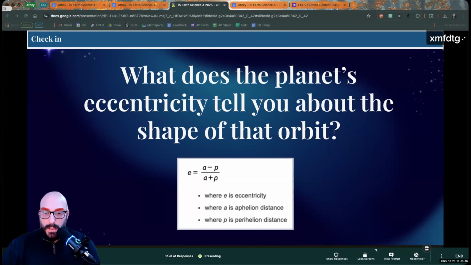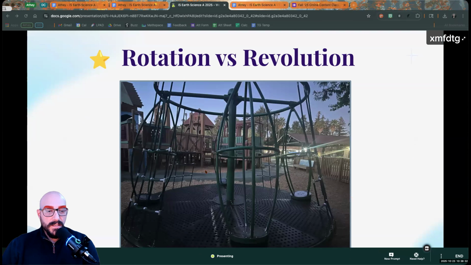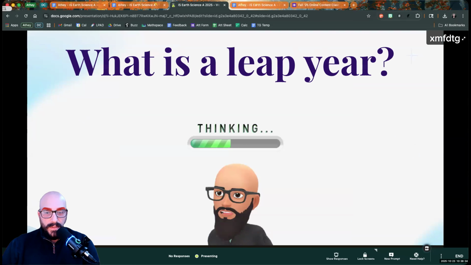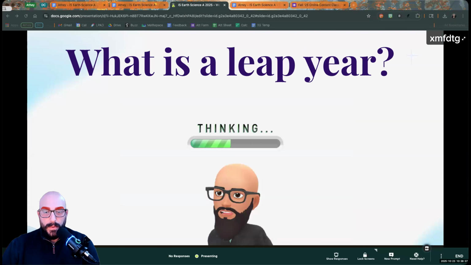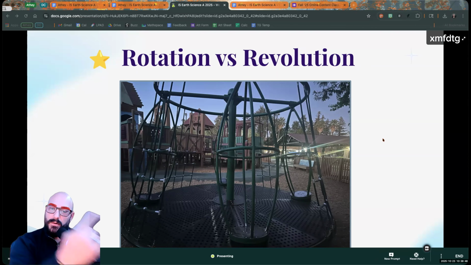It happens. Okay, let's talk about rotation versus revolution. This is a very important difference. What's the difference between revolution and rotation? Okay, wait, it skipped. Ultimately, revolution is going around the orbit.